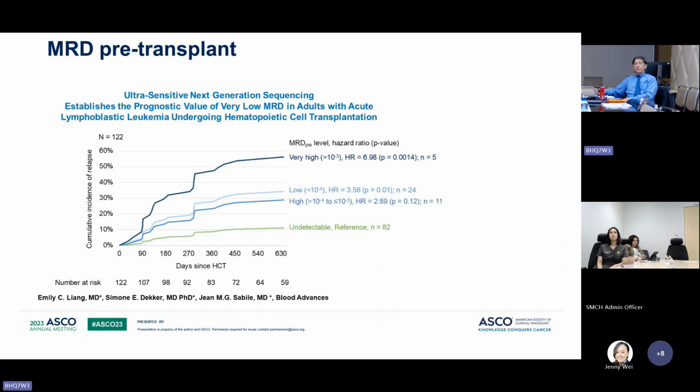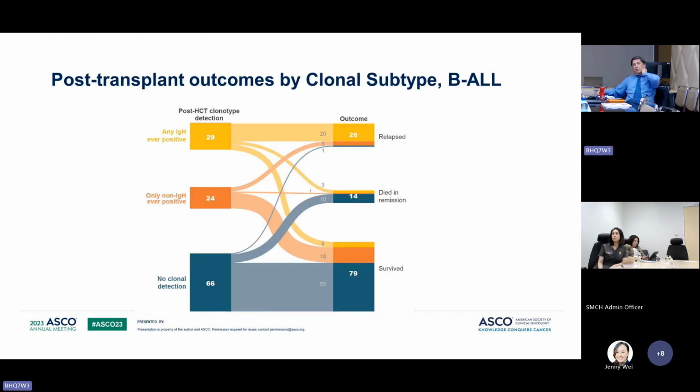Your likelihood of relapse after transplant is 50 or 60%, as opposed to if you have less than 10 to the minus 4, your hazard ratio could still be 3.56. But ultra-sensitive, which gets you down to the 10 to the minus 6 level, that patient had the greatest likelihood of no relapse. This is a model that Jess Leonard actually created for this slide, from a talk that she gave 2 years ago.